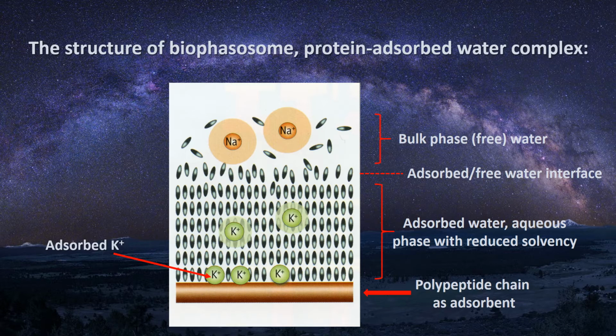Since bulk water has comparatively good solubility, all solutes are excluded from the shell of the adsorbed phase into the bulk phase, and the faster, the larger the size of the particles. In this case, sodium is shown. Only solutes adsorbed by proteins remain inside the Biophasosome. In this case, potassium ions are shown.